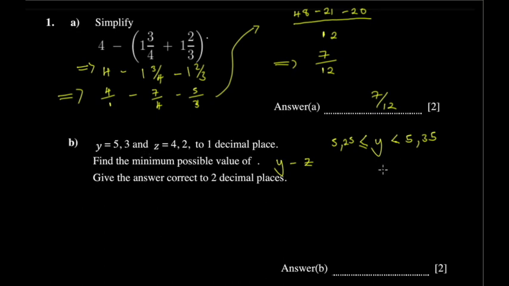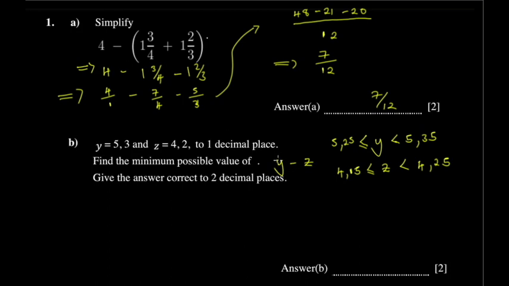So you do the same thing for z. So the lower bound must be 4.15. Okay, so the upper bound must be 4.25. So if you're asked to find the minimum value of y minus z, what you do is you inspect.